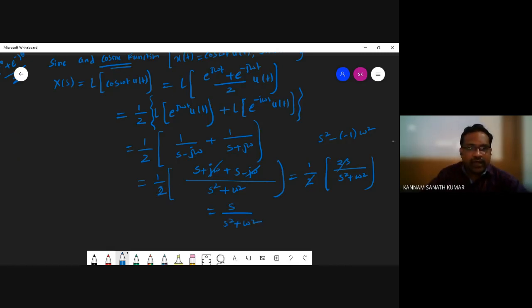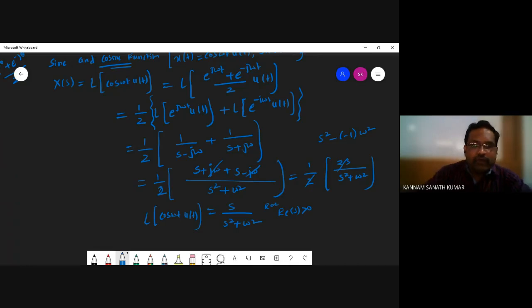So this is the Laplace transform of cos omega t u of t. What is the ROC? The real part of s is greater than 0. This is the ROC for the given signal.